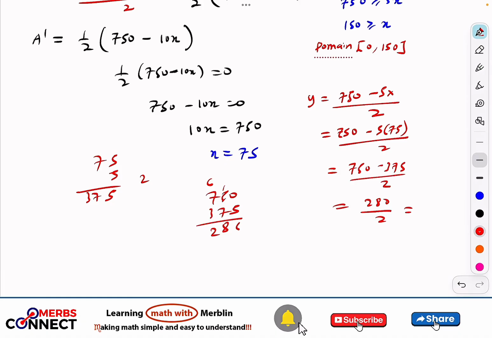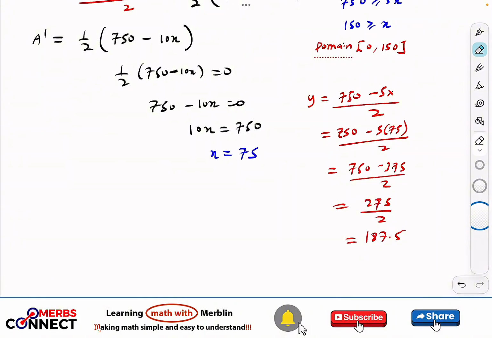So this should be 5. This one will be 4. Add 1. This is going to be 7. And I think now 2 goes to this, 187.5. Yes, so this is right.